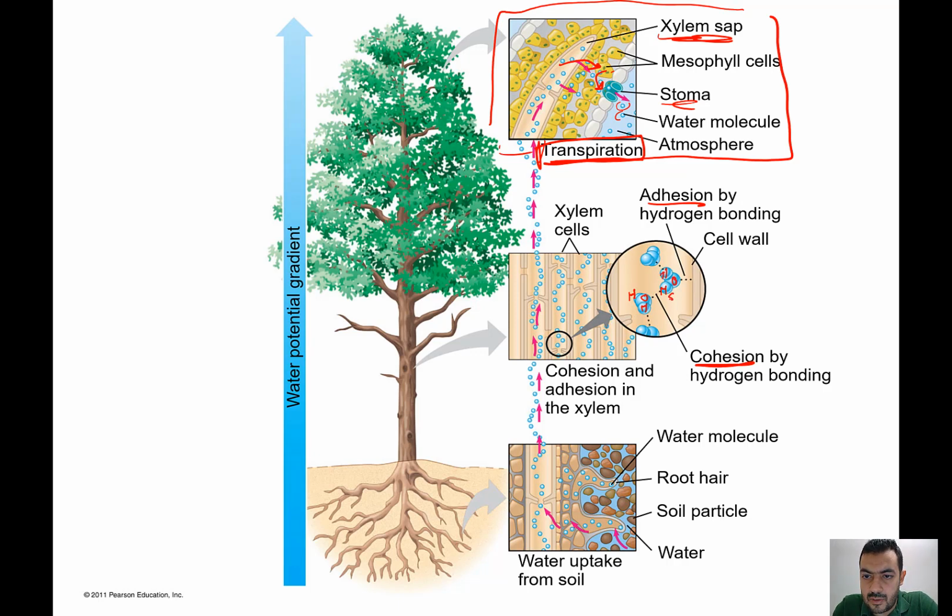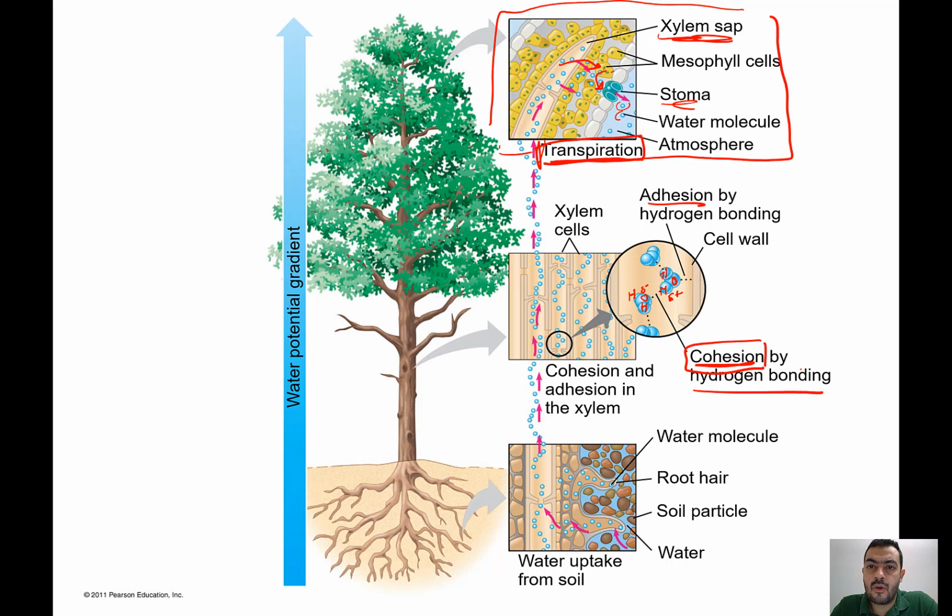So the hydrogen is slightly positive charged, the oxygen is slightly negative charged. So because of the attraction between negative and positive charge, there are cohesion bonds. So there are cohesion forces between the water molecules because of the hydrogen bonding.